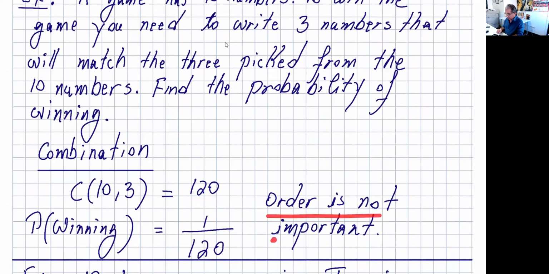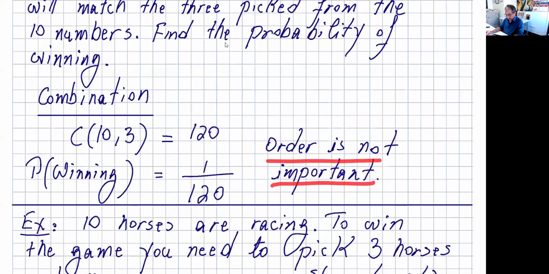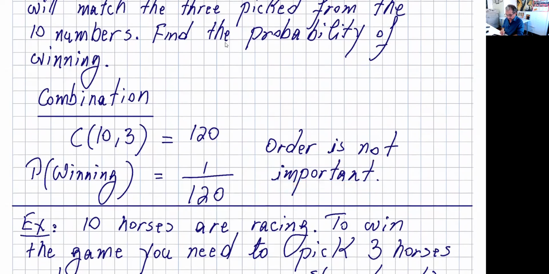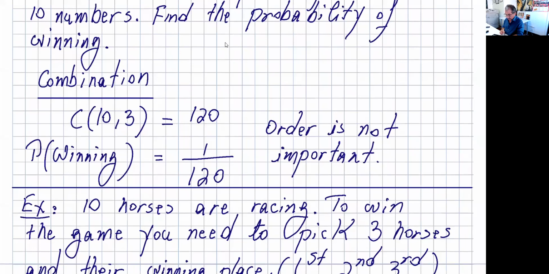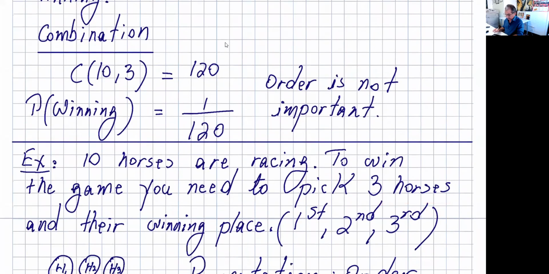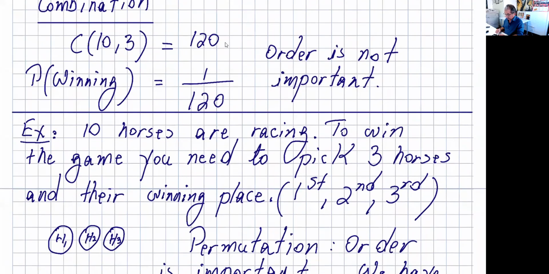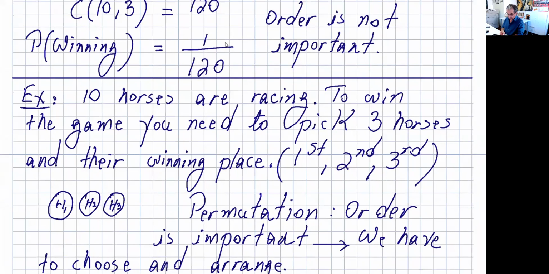And I put order is not important. Second example, 10 horses are racing. To win the game, you need to pick 3 horses in the winning places. So the winning places are first, second, and third. Here it mentions the places. So you have horse 1, horse 2, horse 3, but we don't know which one is going to be first, second, or third. So order is important here.